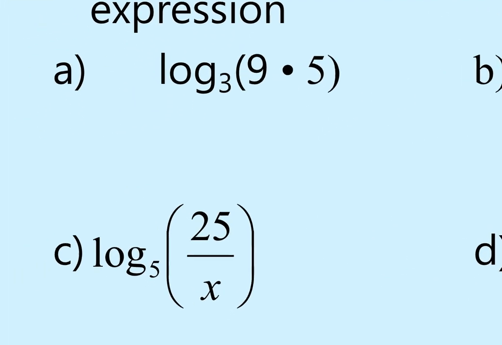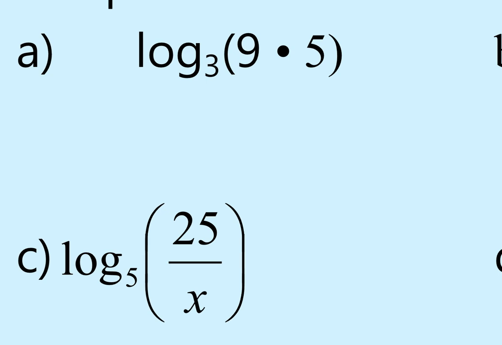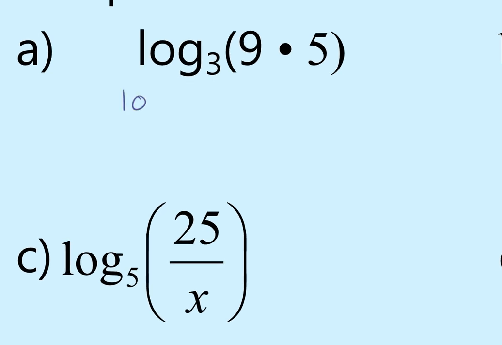So log base 3 of 9 times 5, that's multiplication. What's going to happen when I expand it? Addition. So this becomes log base 3 of 9 plus log base 3 of 5. With me so far? Now you have to say, can I simplify any of those?